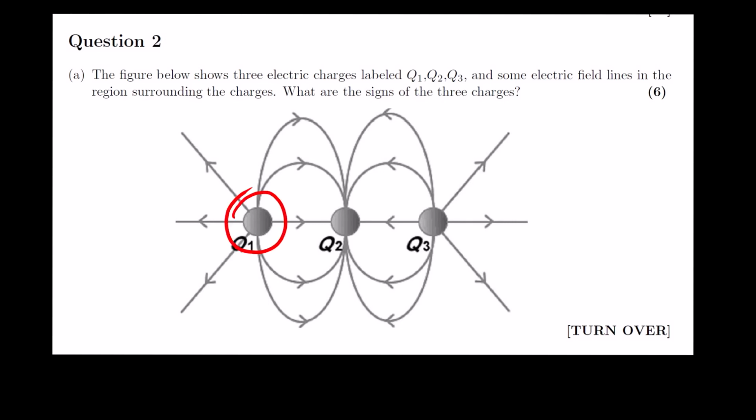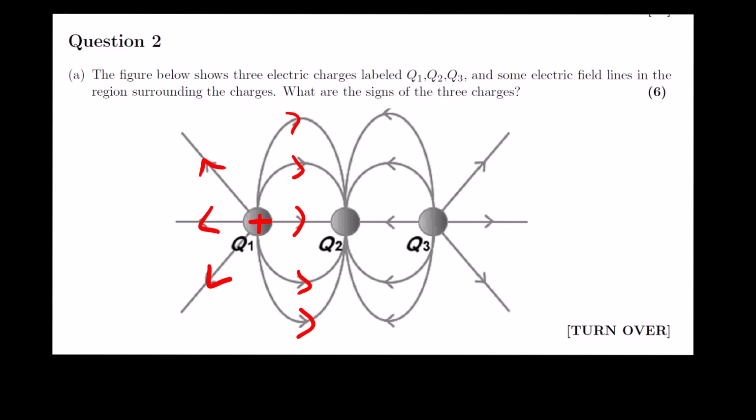Looking at the first one, Q1, you can see that we have away as our arrows. This simply means that charge Q1 is positive. Then we look at Q2.